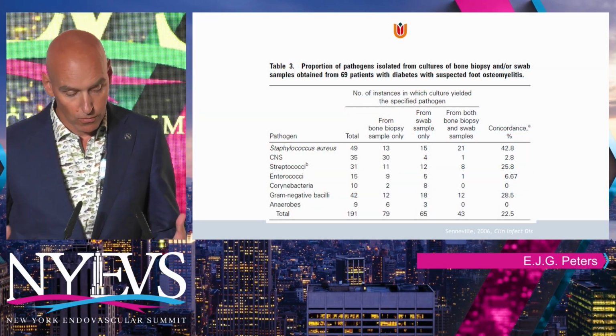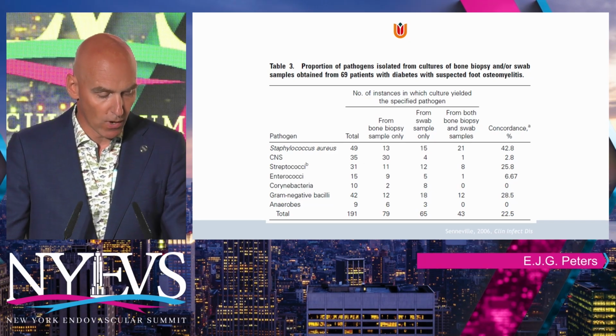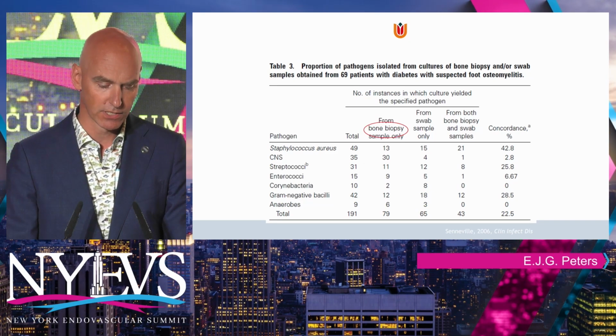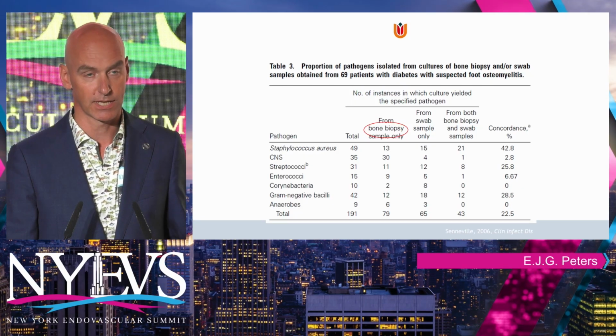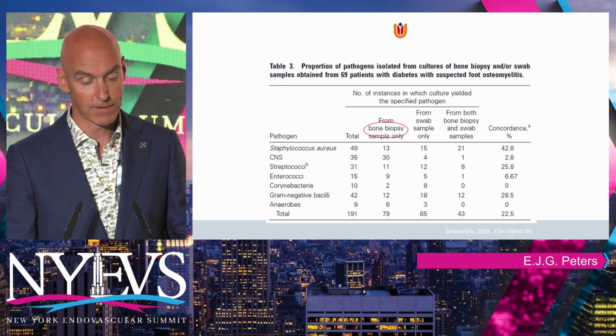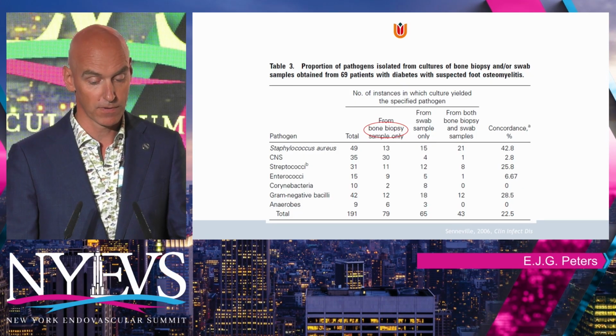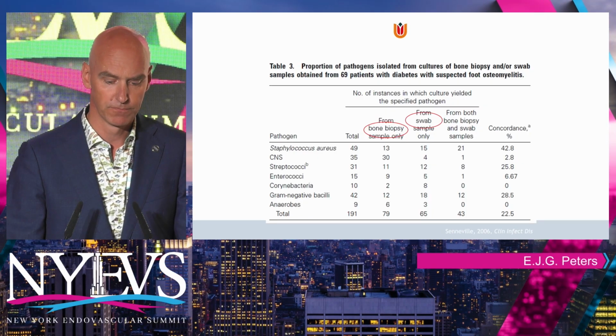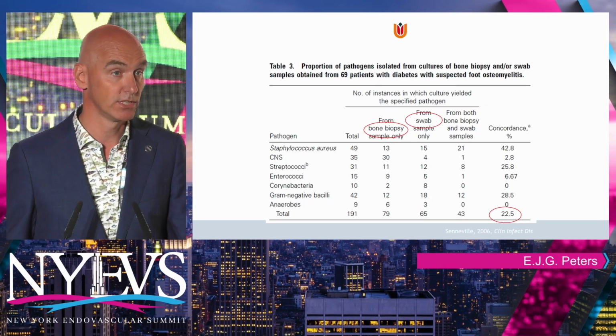So, I said earlier, why shouldn't you use swabs? Well, this is a French study from northern France where they looked at patients that had osteomyelitis and compared results from cultures from bone biopsy versus those taken from swabs. And they found a concordance of only 22.5%.